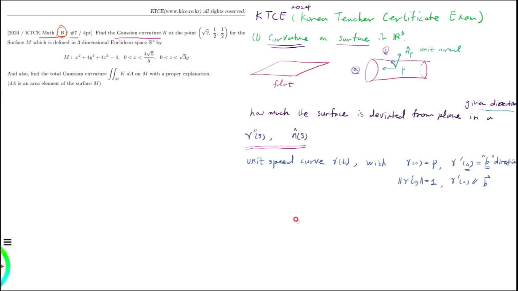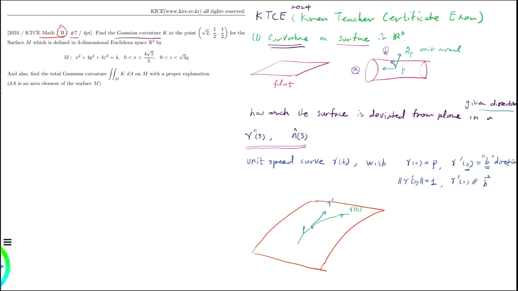Let me draw a picture here. There's some surface here, and we have a point P, and we made a curve passing through this point, whose tangent vector at point P is in the direction of B here.